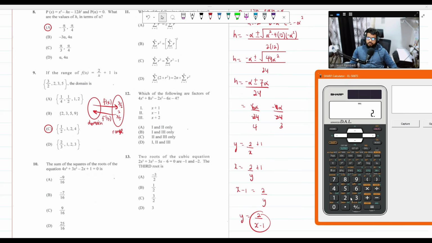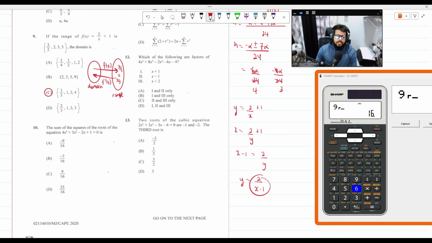Next one is going to be 2 divided by 2, take away 1. We're going to get 2 as the next entry. Then we're going to get 2 divided by 3, take away 1, which is 2 over 2, which is 1, and so on. So we can set in stone that C is the answer.